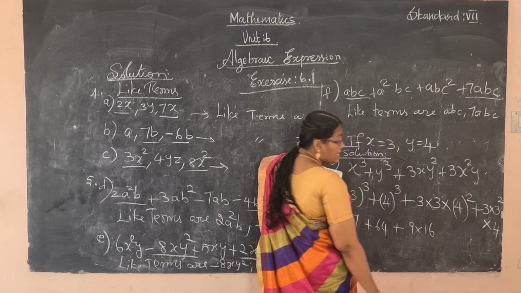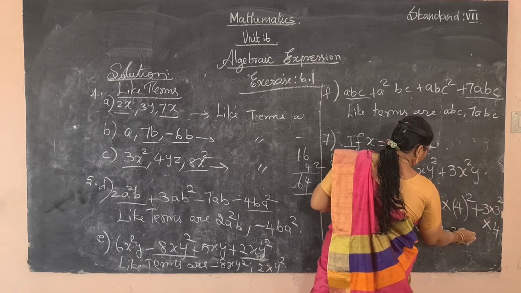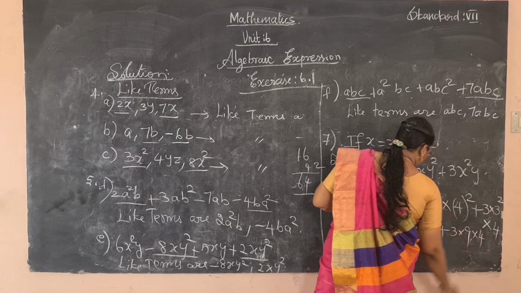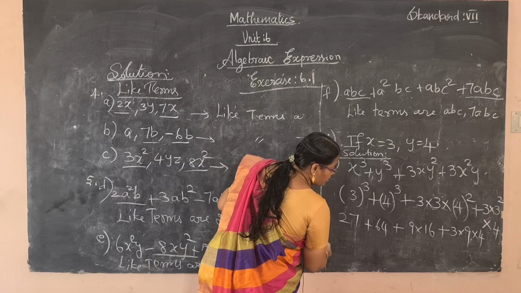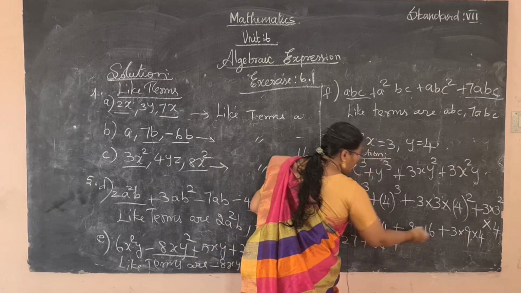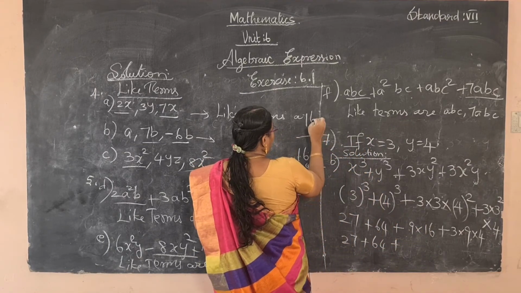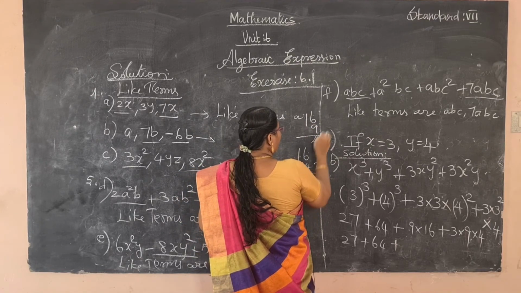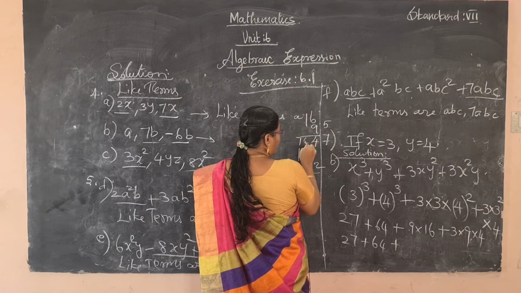So simplify here. First simplify these values, and finally we add. Okay. So 16 9s are 144.